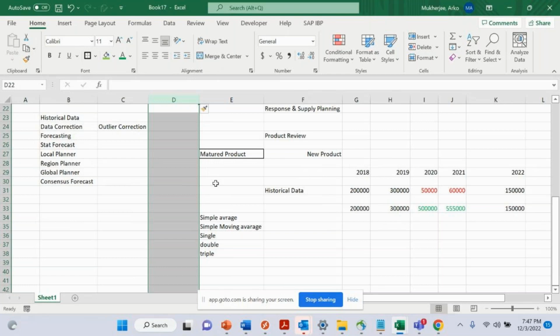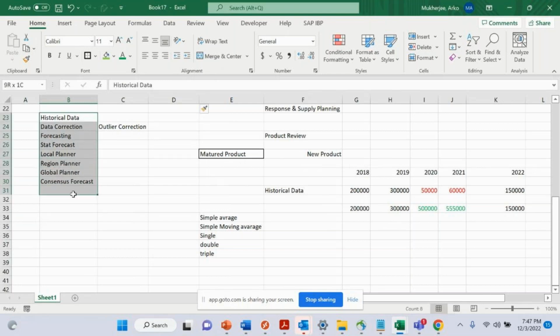Yeah, it will come later. I am now explaining what the demand process is, how we arrive at the final consensus forecast. The snapshot, the copy operator, all these things will come into the picture when we are doing the planning. So this is a very high level view of how our demand planning process works. Clear, right? Yes.